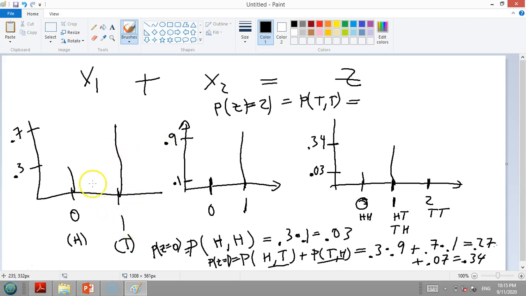When the first coin is tails, which has probability 0.7, and the second coin is tails. Again, this is very likely to happen, which is 0.9. And this is going to be 0.63.